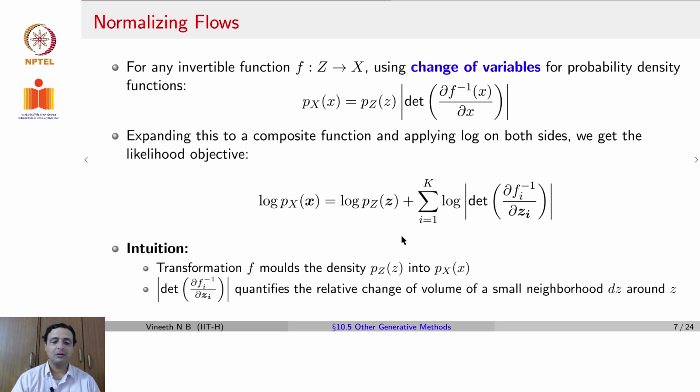And the second term here quantifies the relative change of volume of a small neighborhood dz around z. Remember, that's what gradient measures. That's what determinant would also measure. Determinant you can look at as capturing the volume of the space that you're trying to measure.